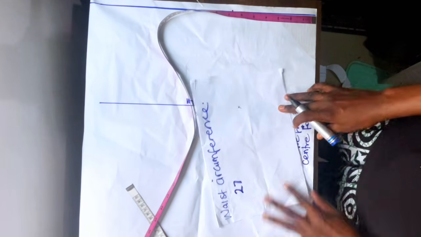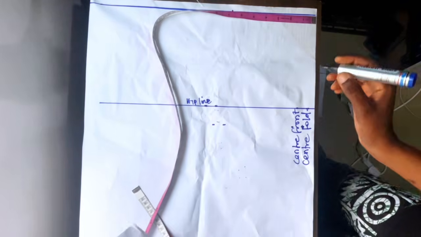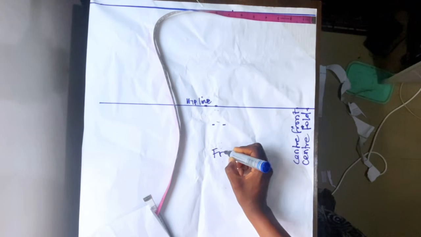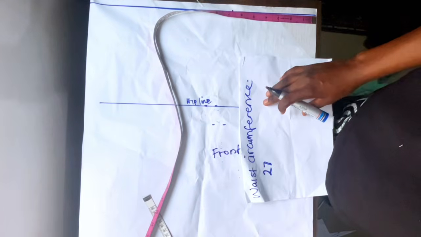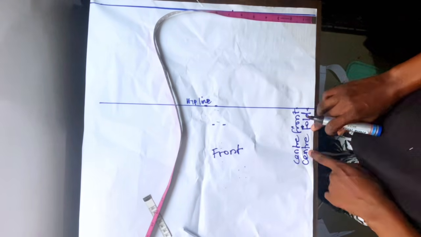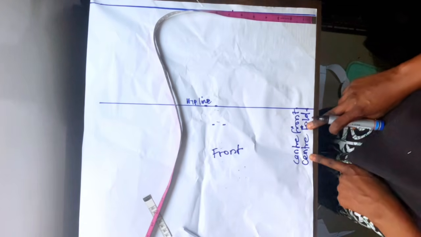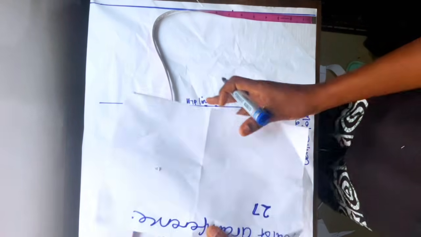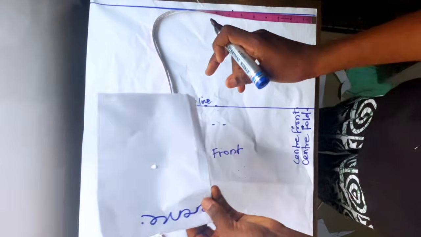Now, because of the way we have cut this paper on folds, this is the front panel. Let me write it for you. This is front panel. The front of your body is half of your body, right? The back of your body is another half. And this front panel, we have now folded into two because we have imagined that we folded it, right? Center fold. Remember, when you fold your fabric into two like this, imagine that this is the only front panel.